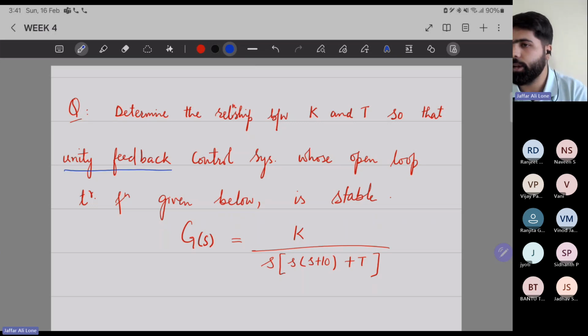So if it is unity feedback, then H(s) is one. Second thing is this is only an open loop transfer function. So you yourself have to find the closed loop transfer function. From the closed loop transfer function, you need to find the characteristic equation, solve that, and make the Routh array.